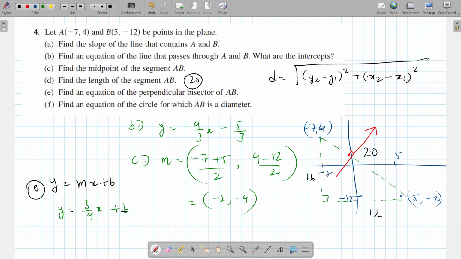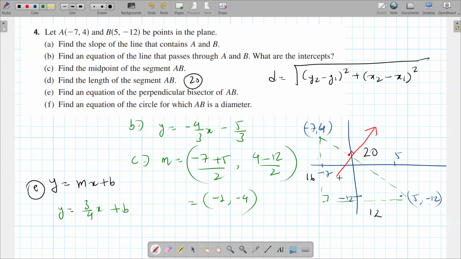Now we don't know the y-intercept for this line. We need to find the y-intercept. To find the y-intercept, every single time, you're just going to plug in a point. What point do we plug in here? We know that this perpendicular line goes through the midpoint of the other line, right?